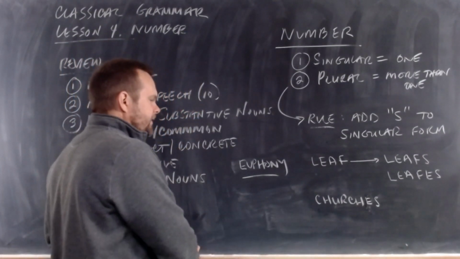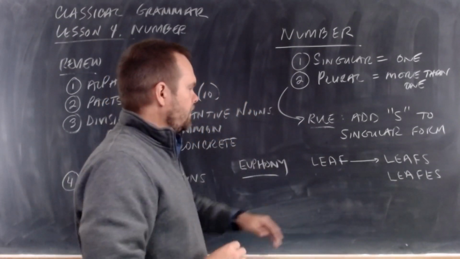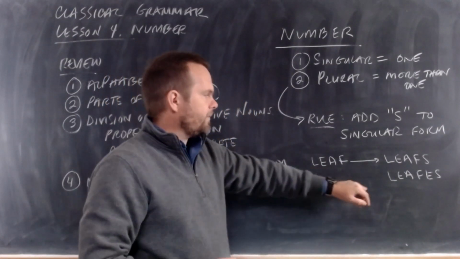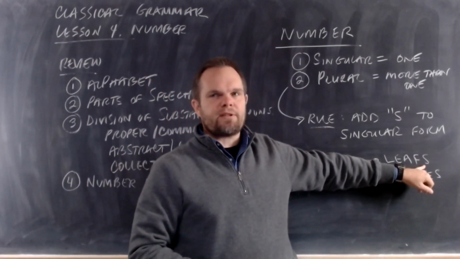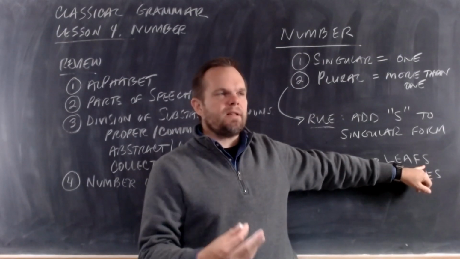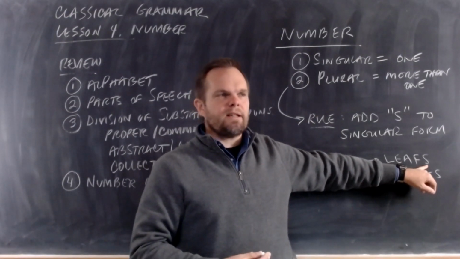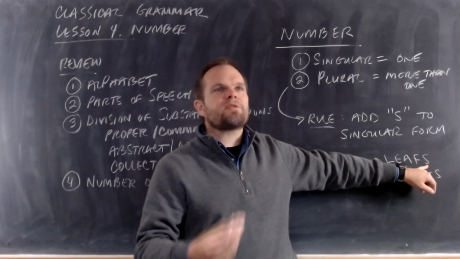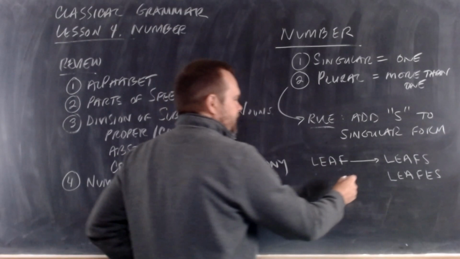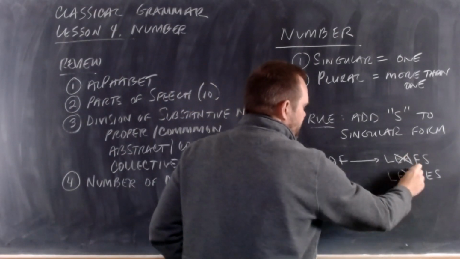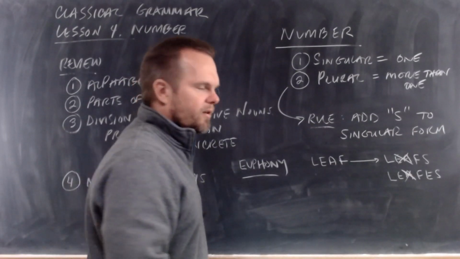So when we look at this example here, leaf. If you try to say this, it's hard. Say leafs. You see how you have to really add a lot of energy at the end of the word to get that S sound. Leafs. But what this rule teaches us is we don't say leafs, we don't say leafes, because even leafes is hard to pronounce.